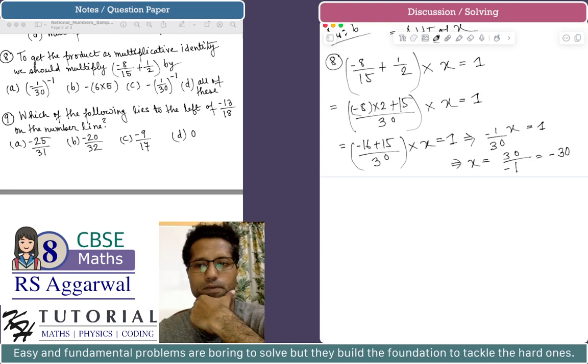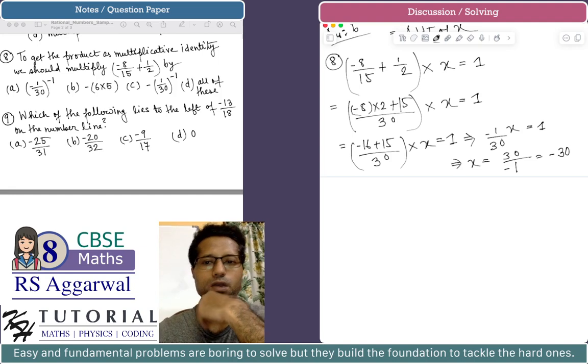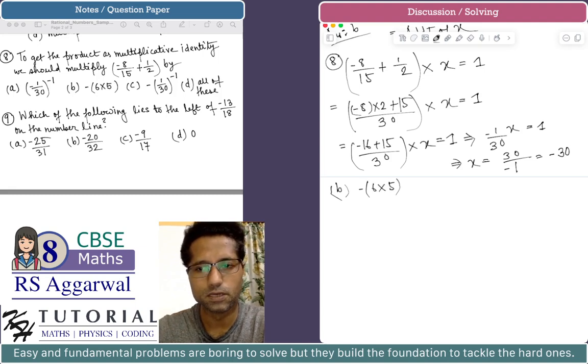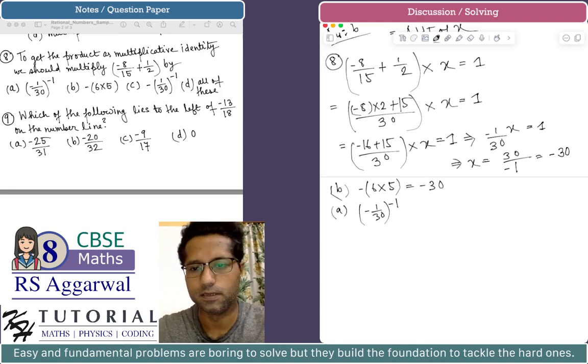Now we have to pick the correct choice. Now the correct choice is, what is A? Now there is a choice, all of these. Now definitely B is a choice, because minus negative of 6 into 5 is nothing but minus 30, which is the correct result. What is A? A is the multiplicative inverse, or reciprocal, of minus 1 by 30.